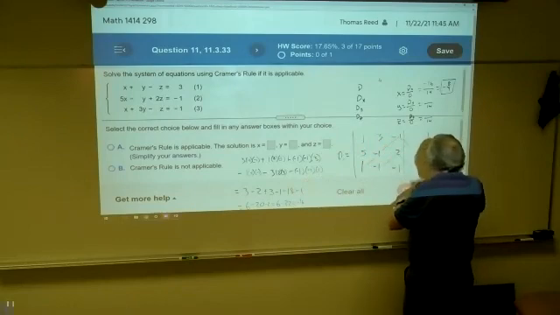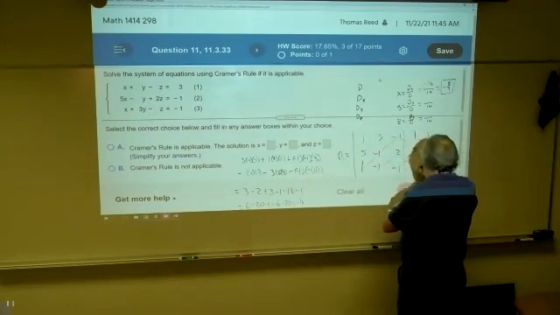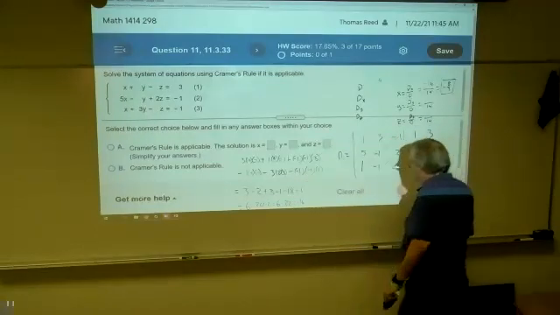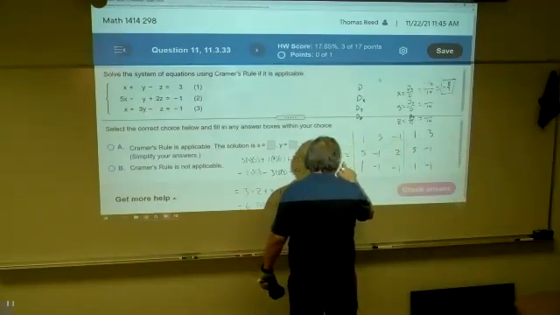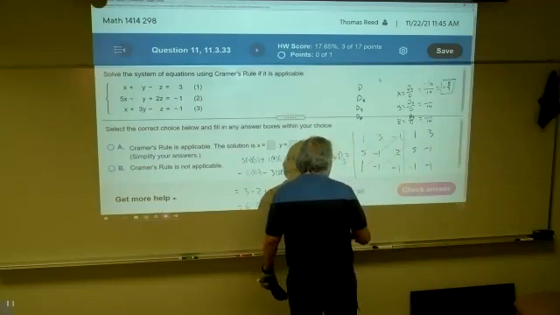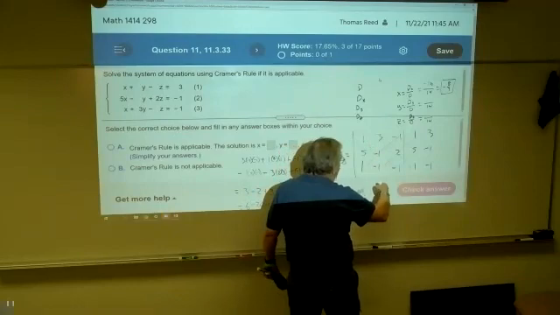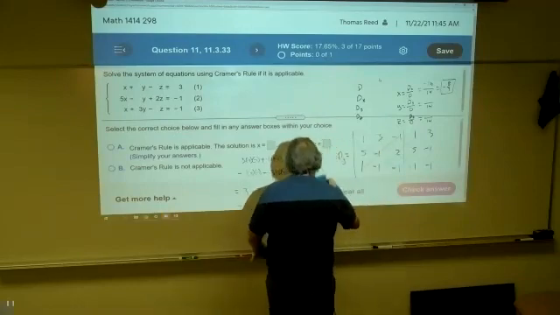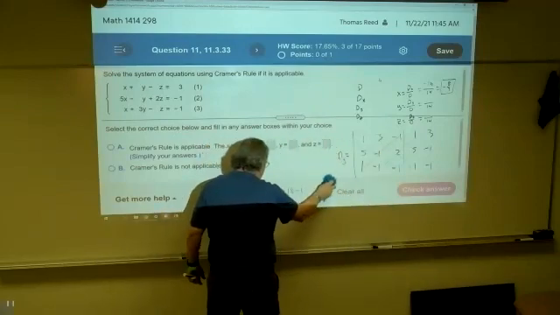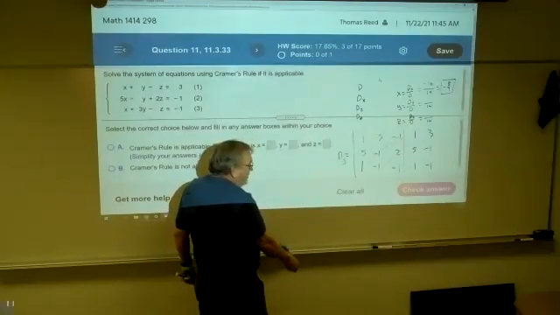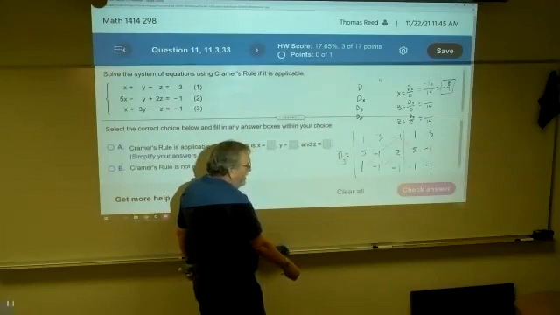So this stayed the same as 1, 5, and 1, and this one became the 3, negative 1, negative 1. So now this is for d sub y, because I'm replacing the y column, the coefficients of the y's, with the constants. And so now I do all those multiplies again. Or I can do it by the minors.